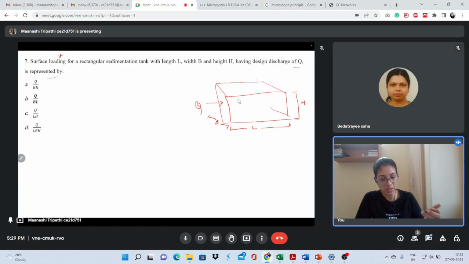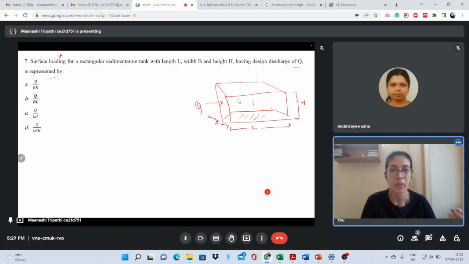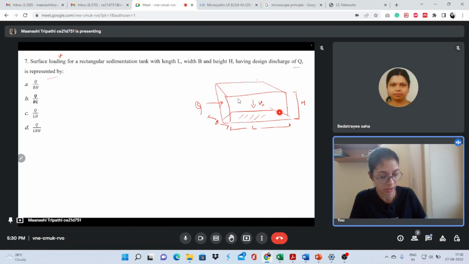So what happens? Surface loading rate, our target is to settle the organics. In PST we want to settle small inorganic particles as well as organic particles. We want them to settle with the velocity of V naught, meaning surface loading rate.